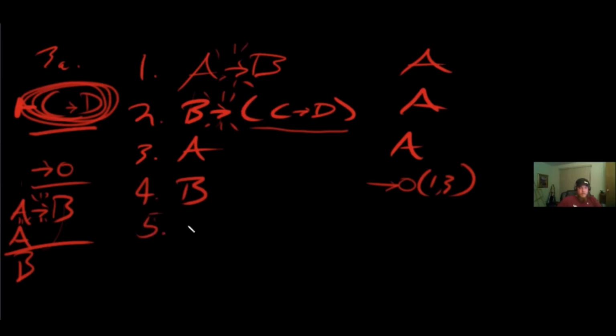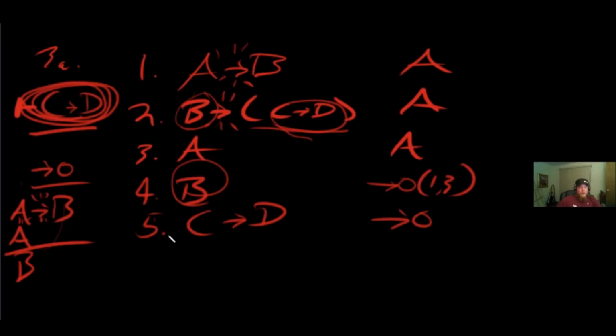So check this out. Look, since I have this arrow, and here's its left side, I have a left side match. That means I can unlock its right side, and it will be free from the parentheses because it will be all by itself when I do it. That means I can get C arrow D. Now, what move did I do here? The only move that I can do, arrow out. Where was the arrow that I used according to this model? Line 2. Where was the left side match?